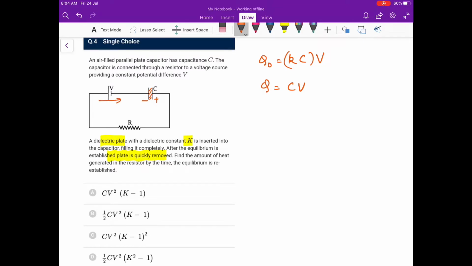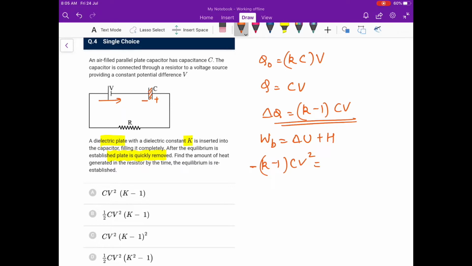So what we can say, first of all, the amount of charge delta Q I can make out is K minus 1 times CV. So this much charge is passed. So I have W_B equal to delta U plus H, you know this. The work done by the battery here would be negative because the charge is going from positive to negative, and that would be equal to K minus 1 into CV square.